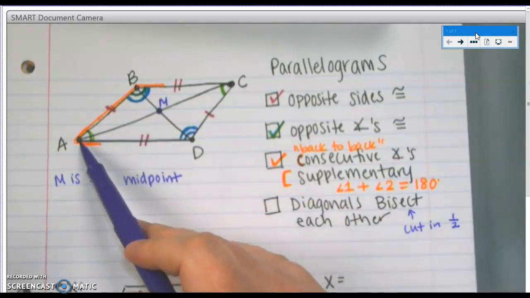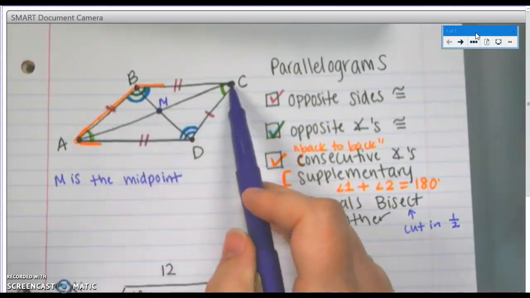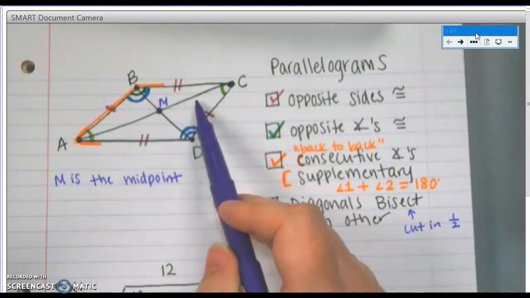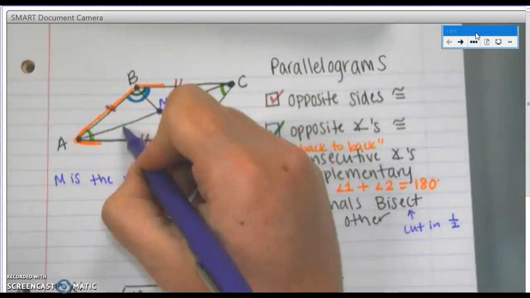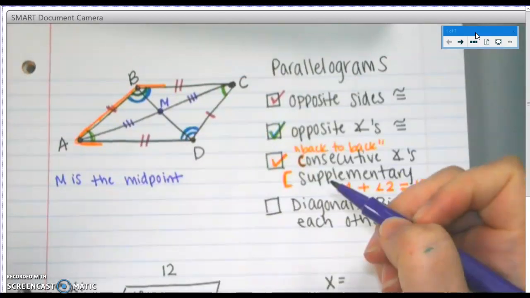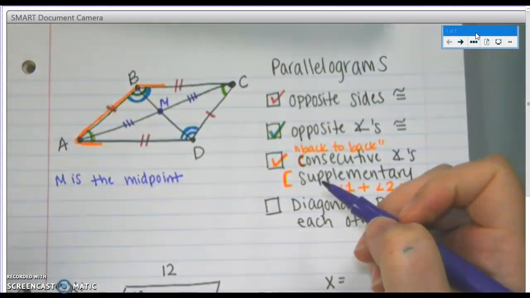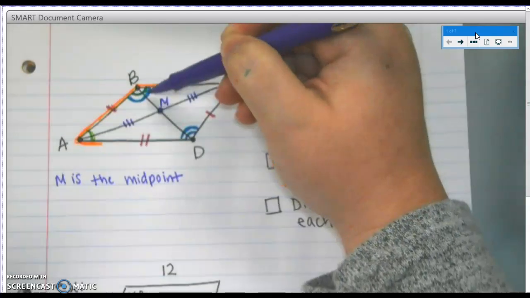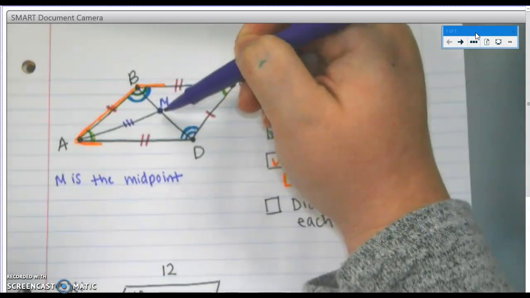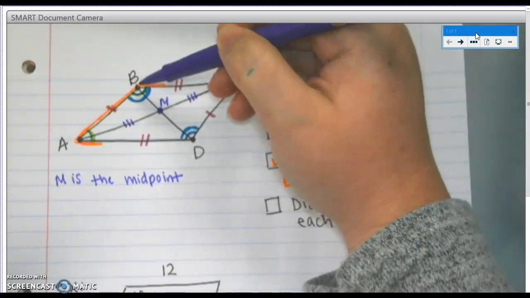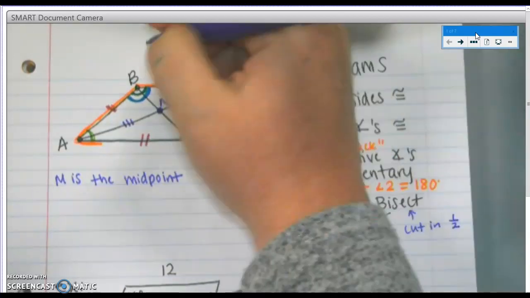So basically the diagonal AC, half of it is from A to M, the other half of it is from M to C. A lot of times we'll also put those little marks to show you that those two pieces are the same. And same thing, from M to B is the same as from M to D, and those two are half of the entire piece.